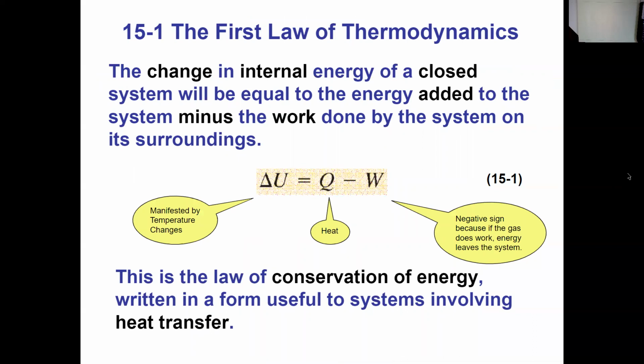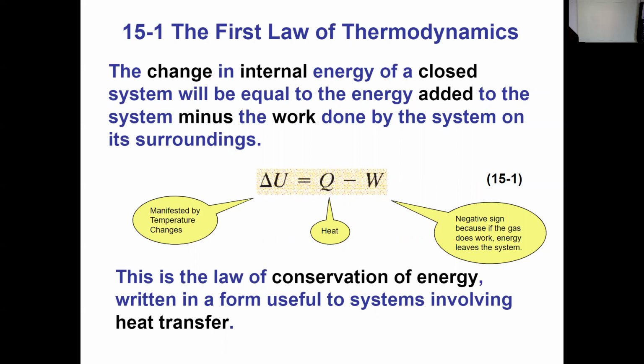And here it is. It looks pretty simple, right? Okay, so U represents internal energy. And we talked about this in the previous chapter, how the internal energy is represented by the average kinetic energy of molecules, especially in an ideal gas format, where there aren't really any intermolecular bonds.